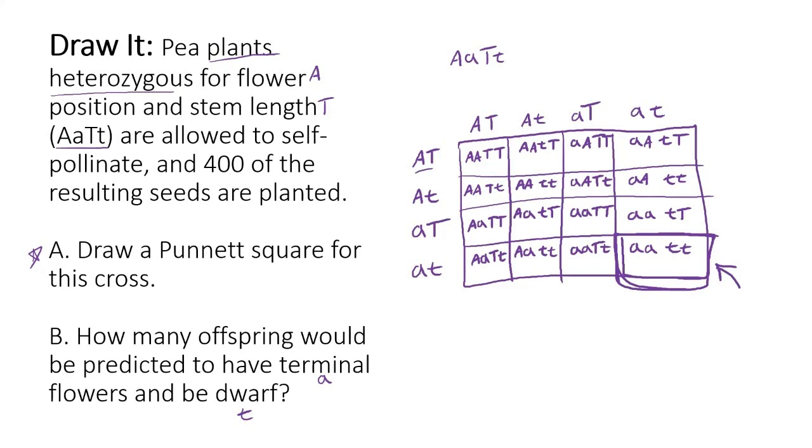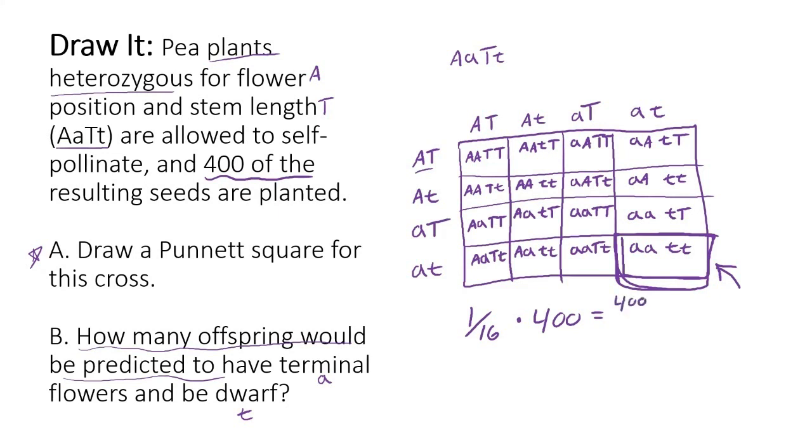The question is, how many offspring would you predict out of the 400 that are planted? So 1 out of 16 is the fraction of them that we are going to be dealing with. But you need to multiply 1/16 by 400 individuals in order to come up with a prediction.